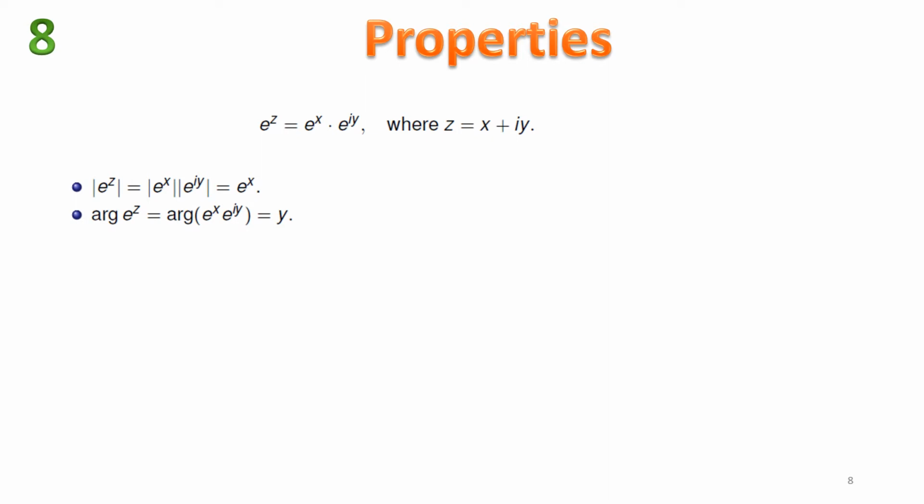Now we are interested in looking at argument of e to the z. So argument of e to the z, as we have written, e to the z is equal to e to the x into e to the iy. So argument e to the z is equal to argument e to the x into e to the iy.